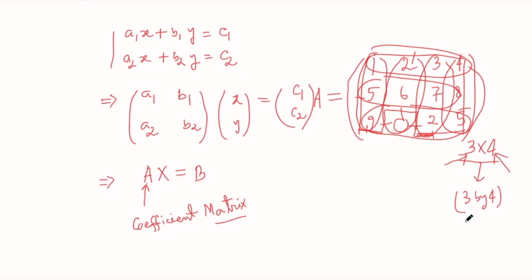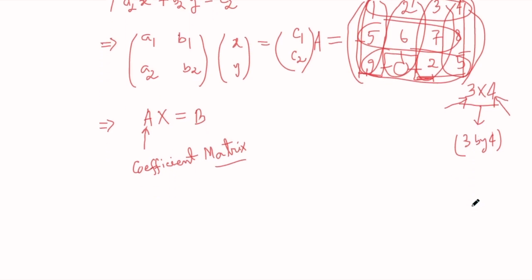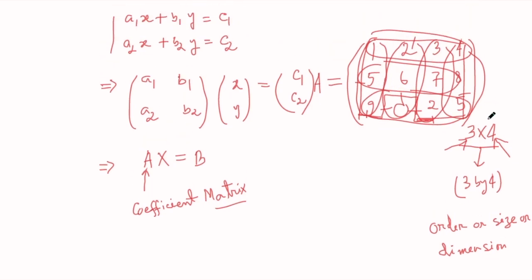So I say this is the order or size or dimension. So A is a matrix of order 3 by 4, or size 3 by 4, or A is a matrix of dimension 3 by 4.